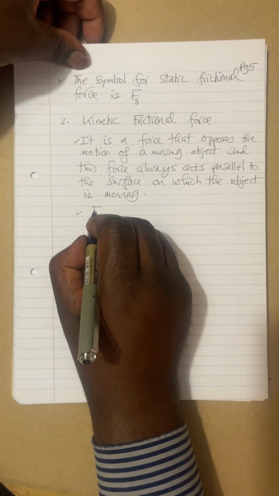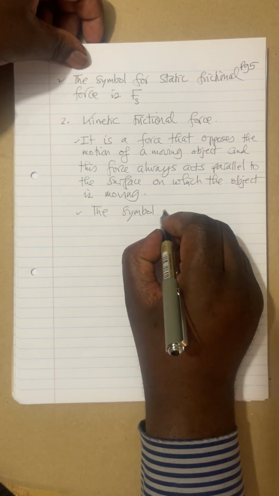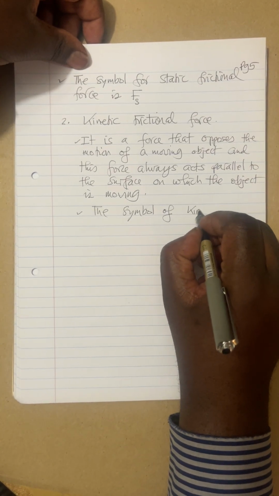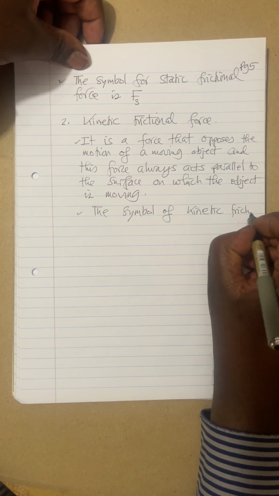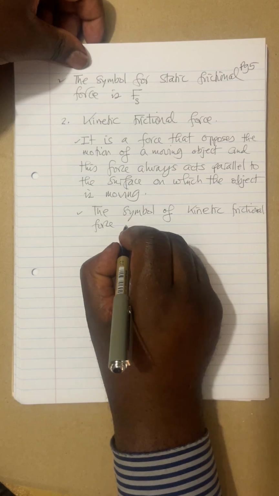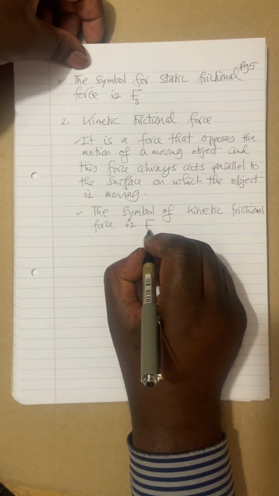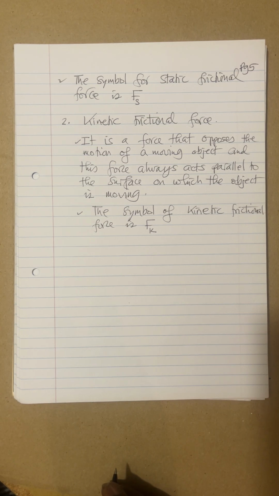The symbol of kinetic frictional force is Fk. And obviously, kinetic frictional force is also measured in newtons because it's a force.